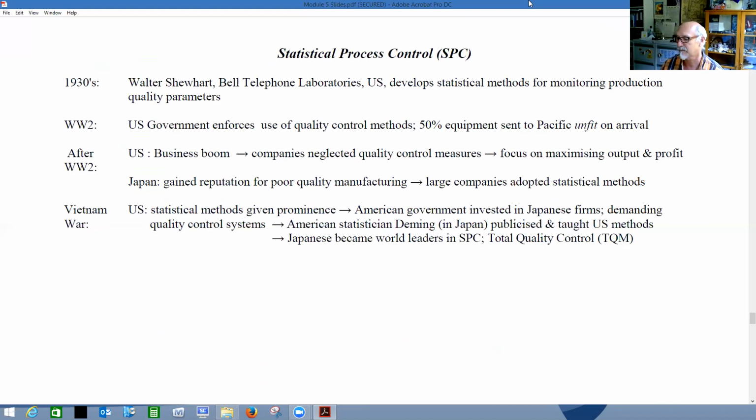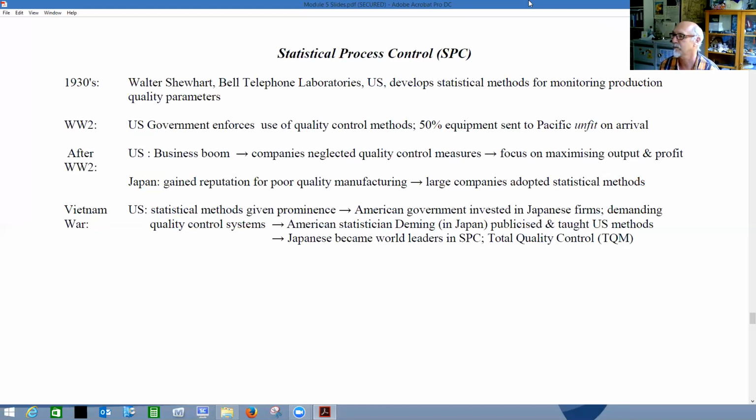In particular, around about the Vietnam War, the Japanese, like the Americans, using these processes, certainly instigated them, but they also adapted them to their own processes. So they adopted them and adapted them.